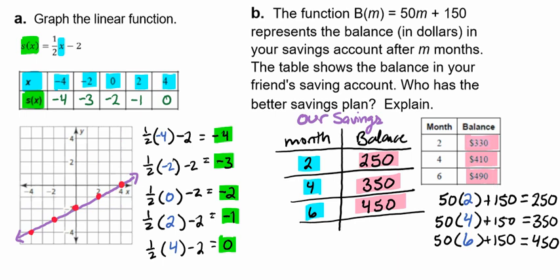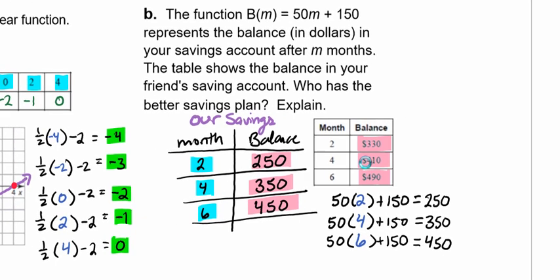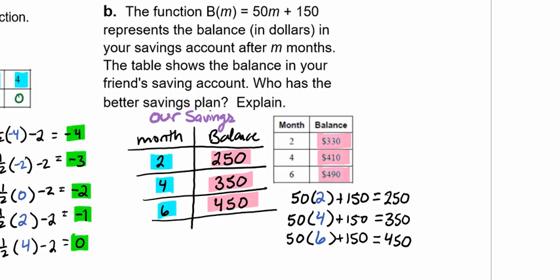But it seems like each time we're getting closer and closer to them. What I mean by that is, let's use green for our friend's stuff. Our friend had $330 after 2 months, and we had $250. If we look at the difference there, we have a difference of $80.